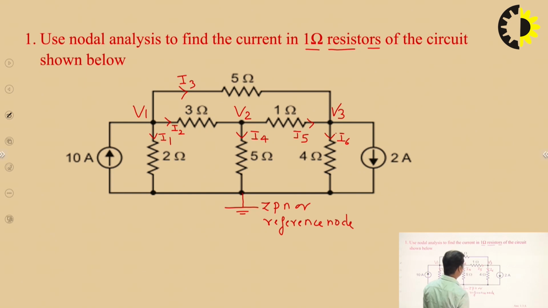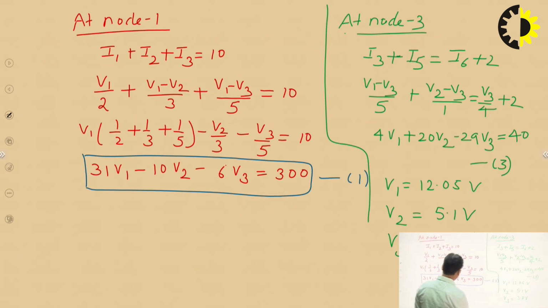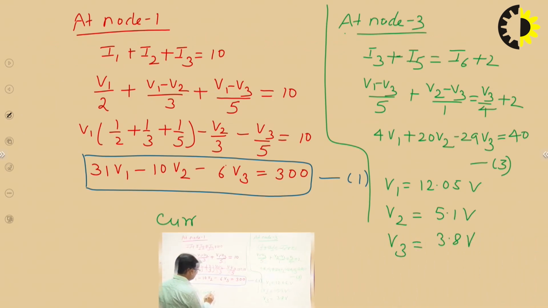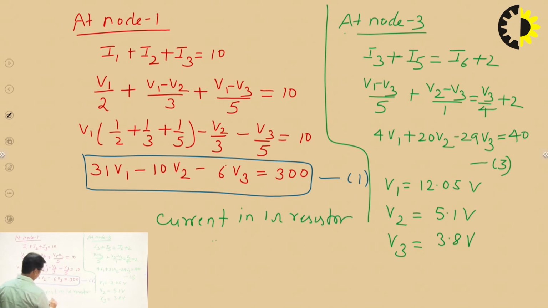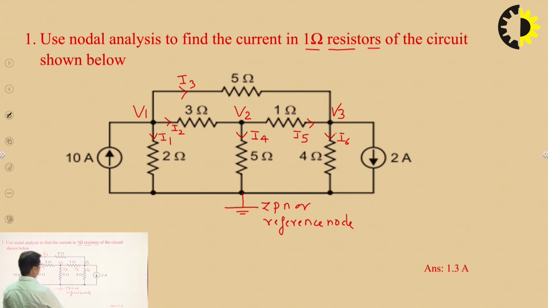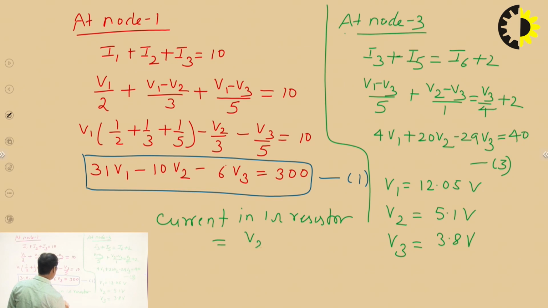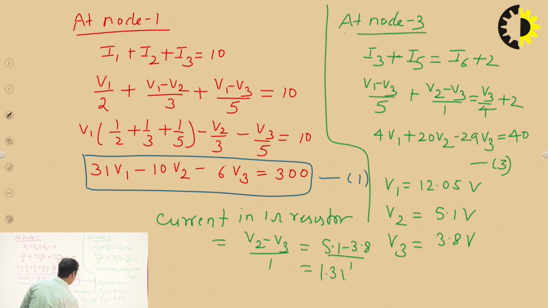The current in the 1 ohm resistor will be equal to (V2 minus V3) divided by 1, that is (5.1 minus 3.8) upon 1, which is around 1.3 volt.